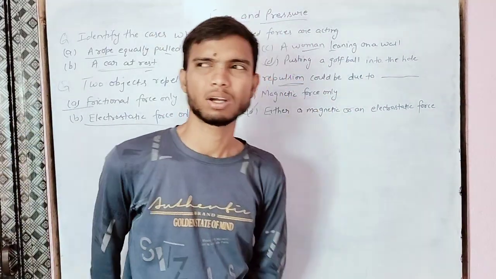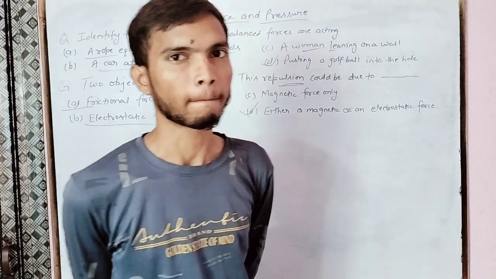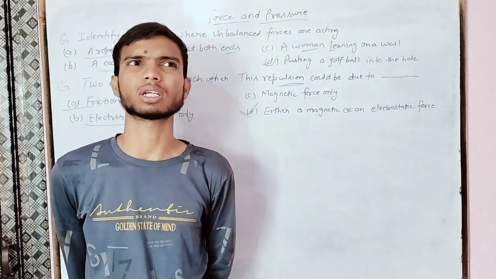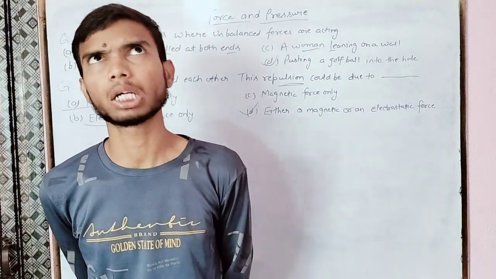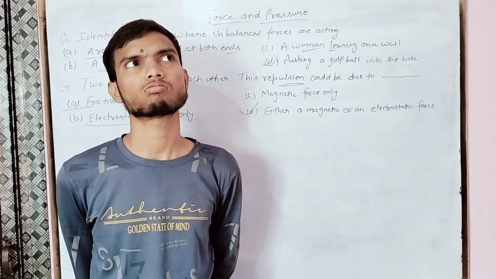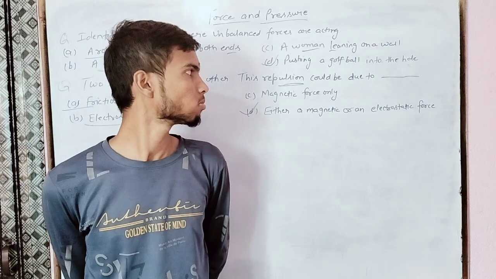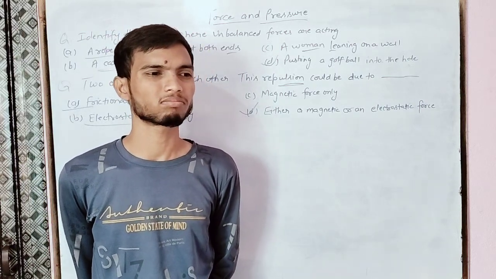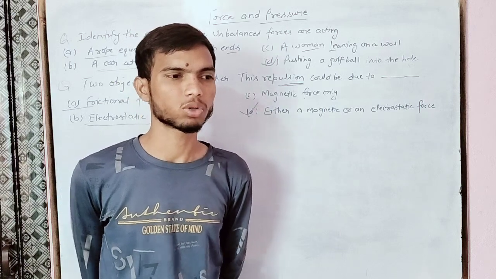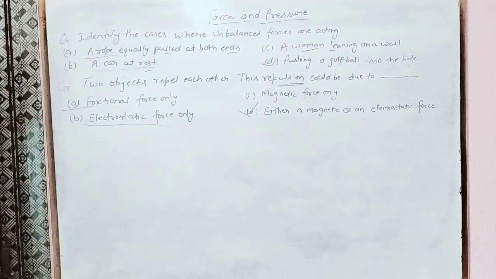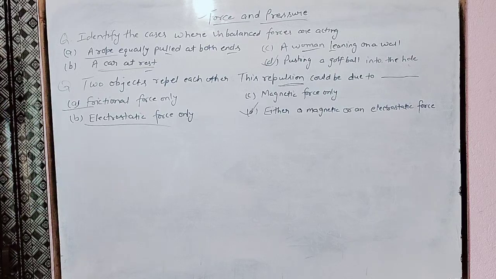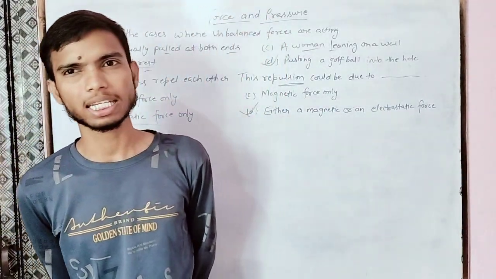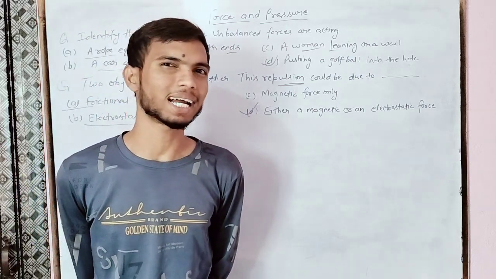What is repulsion? Attraction, repulsion. Magnet can repel, magnet can attract, but electrostatic cannot repel, it attracts.